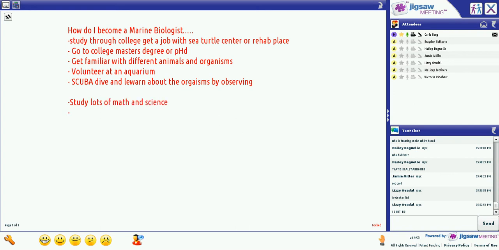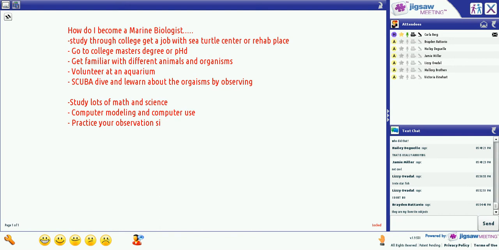Study lots of math and science. Lots of marine biologists also do computer modeling, so learning how to use a computer is definitely important. Lots of marine biologists are also very good observers, so practice your observation skills.